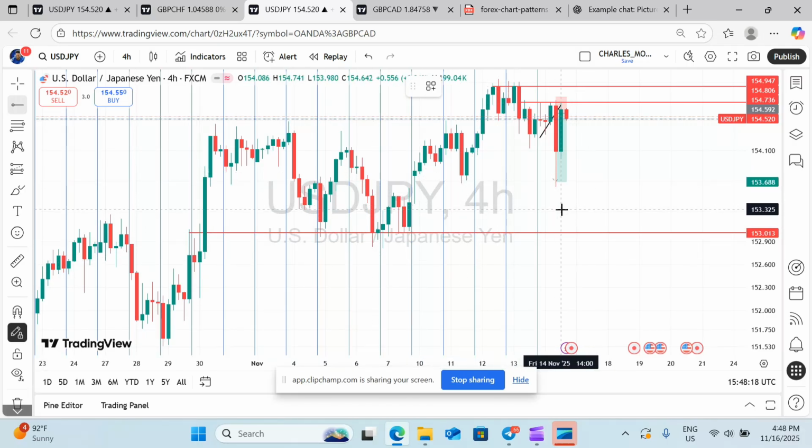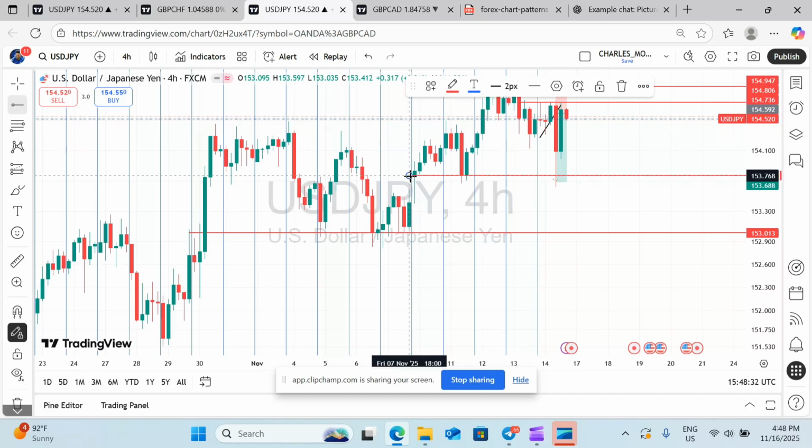Let's check how the market played last week. I first of all mark out the high and low of the structure of the market, which is probably the first 2 hours of the week. These two I just mark out.